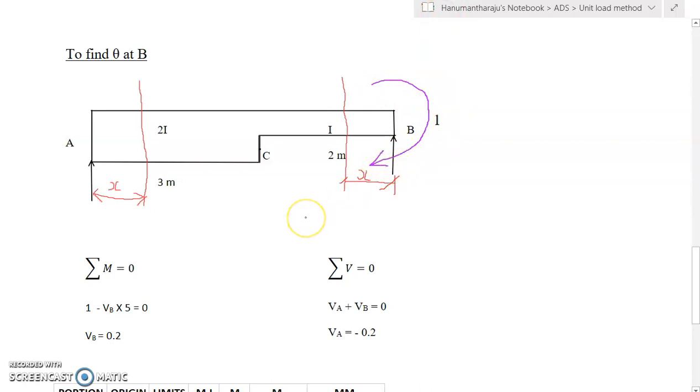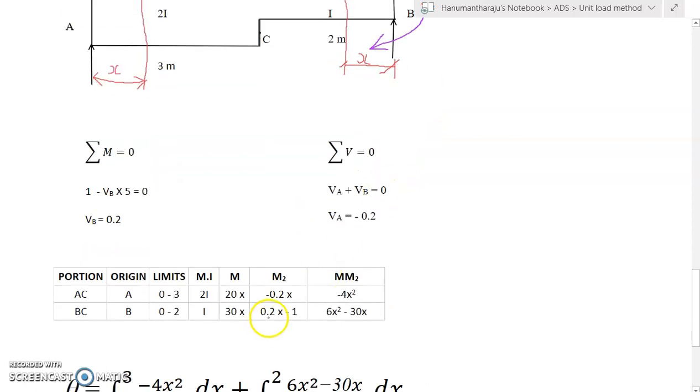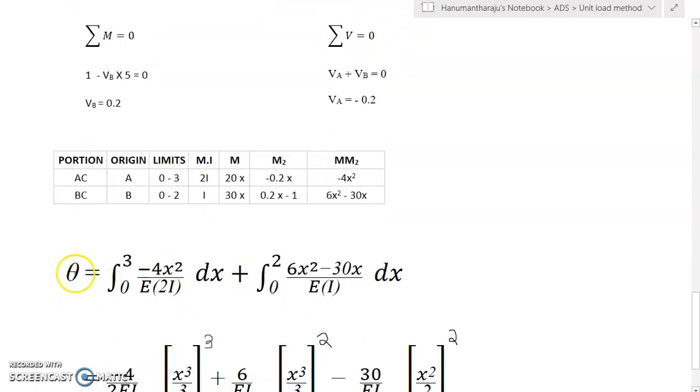Therefore, the M2 value will be 0.2x minus 1. You can see here 0.2x minus 1. The product of M and M2 will be 6x square minus 30x.